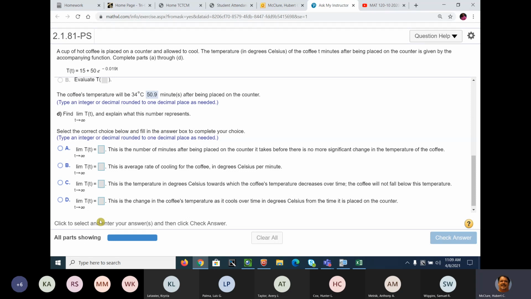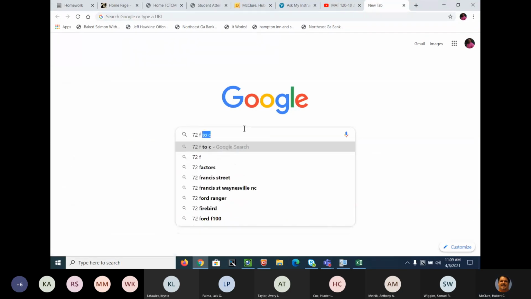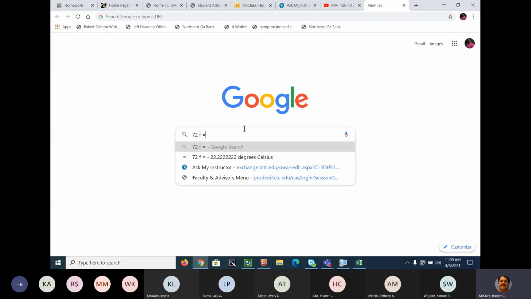And 72 degrees Fahrenheit equals what Celsius? 22.22.